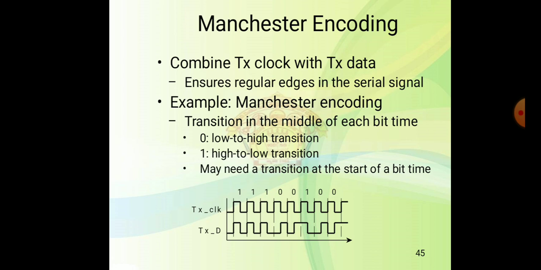This avoids the need for tight clock synchronization, since there is an indication of when each bit arrives. An example of such a scheme is Manchester encoding.